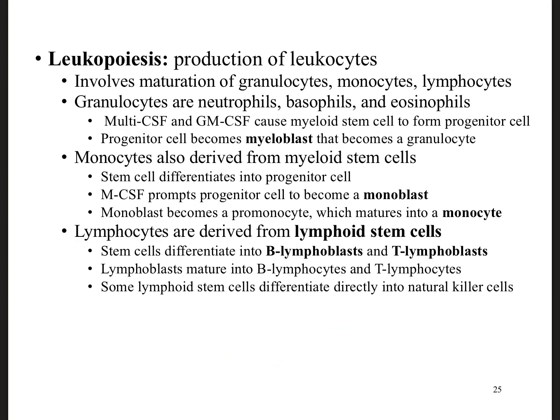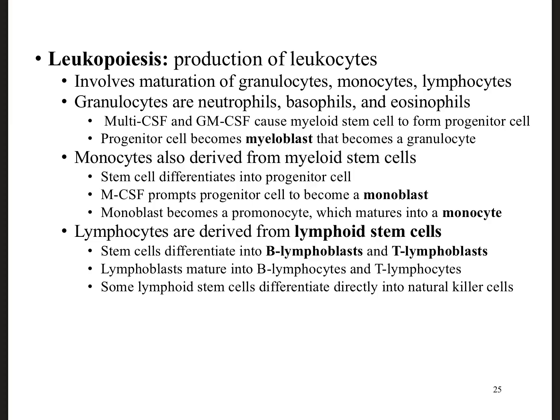Now, leukopoiesis, you'll see the table in a little bit that actually breaks everything down. Leukopoiesis is the production of leukocytes, and it involves the maturation of a couple different types of cells: granulocytes and agranulocytes, monocytes, and lymphocytes.